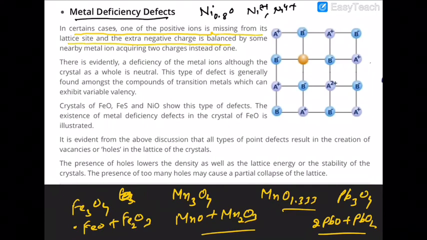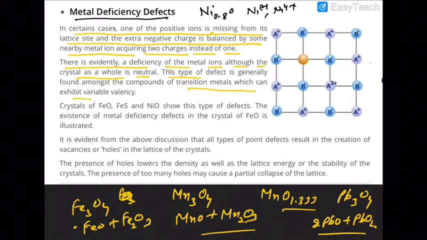An extra negative charge is balanced by some nearby metal acquiring 2 charge in place of 1. So one of the cations will go to a higher state. This is evidently a deficiency of the metal ion, although the crystal as a whole is neutral. This type of defect is generally found among the compounds of the transition metals, which can exhibit variable oxidation state. Crystals of FeO, FeS, NiS show this type of defect.